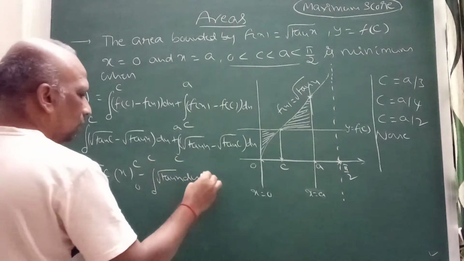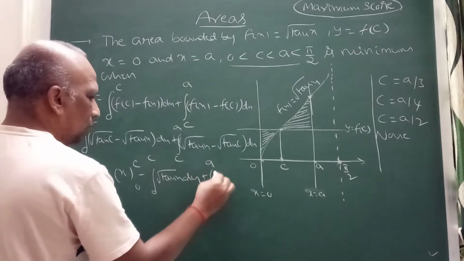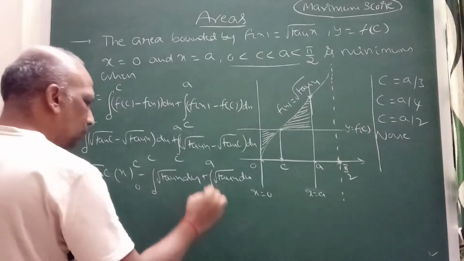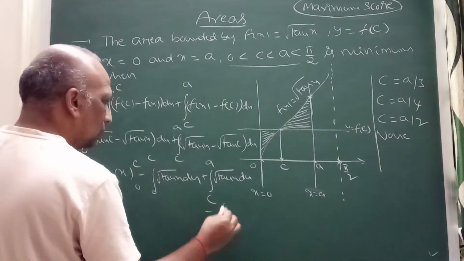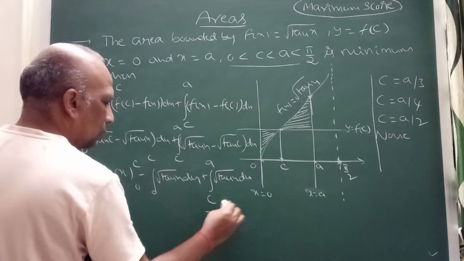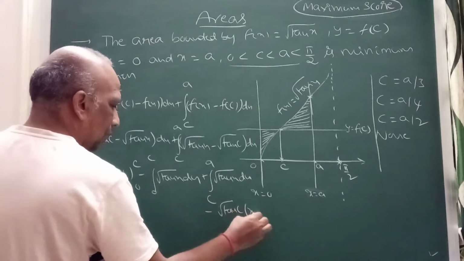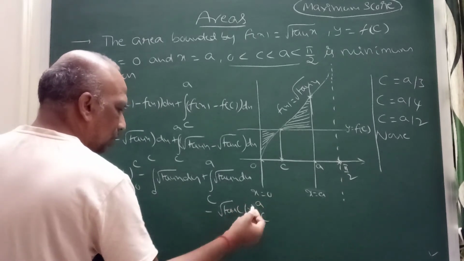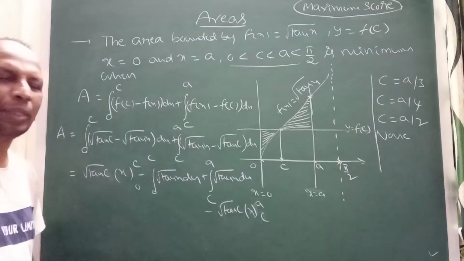Again here we have the integral from c to a of root tan x dx, and you will get minus the same thing: root tan c times x, with the limits c to a applied.